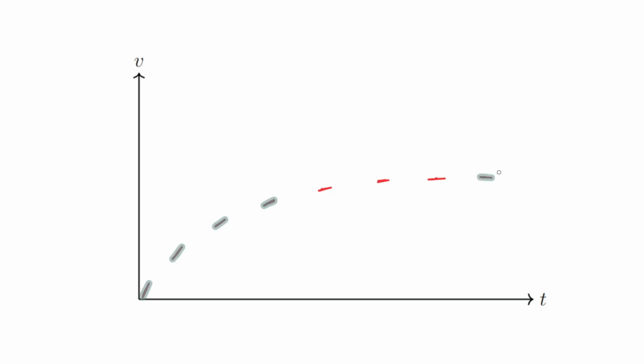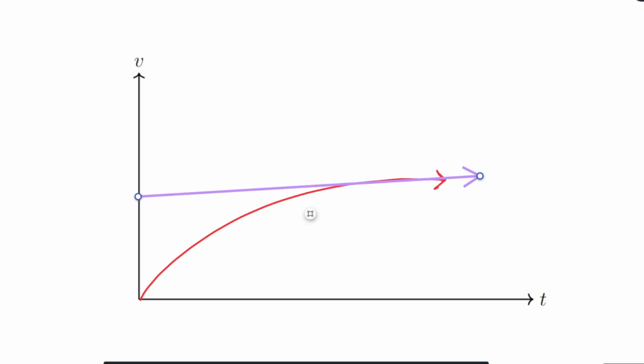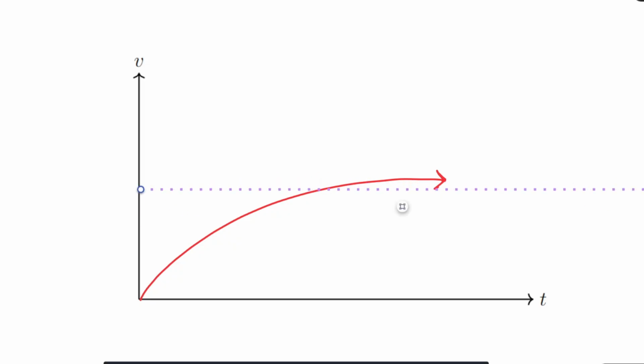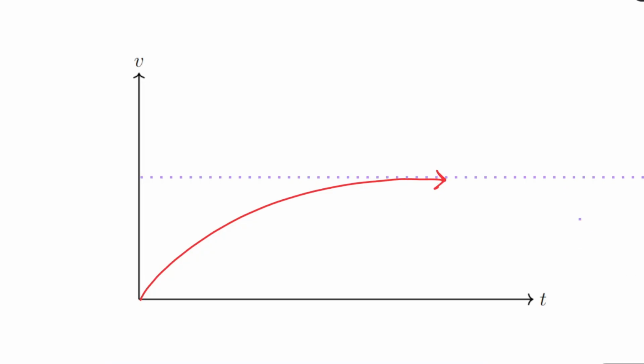This is going to make some sort of curve with a horizontal asymptote, just to show that there's a horizontal asymptote that I can't cross.